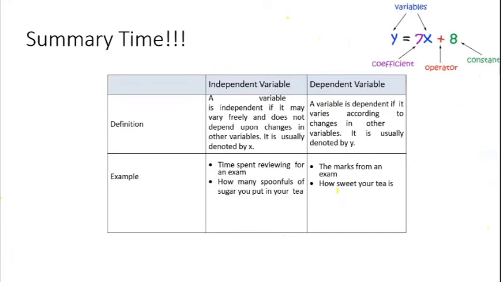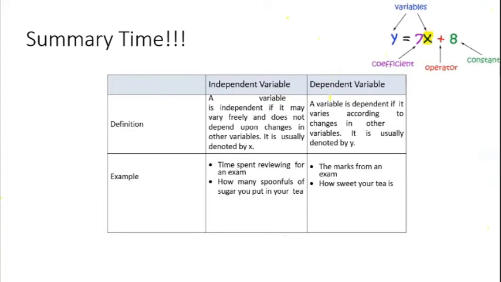It is denoted by the letter X. As you can see in the formula, you have an X as our variable. So this is your independent variable, meaning this is going to be changed.